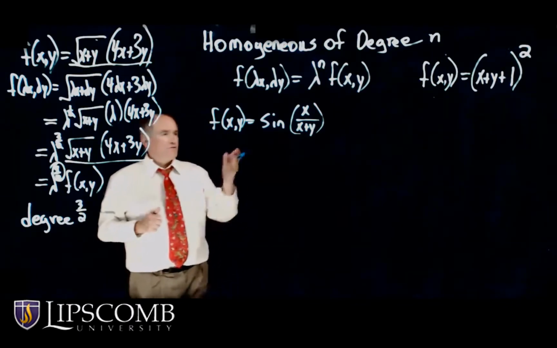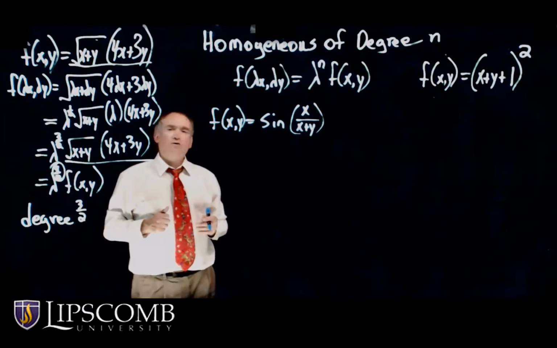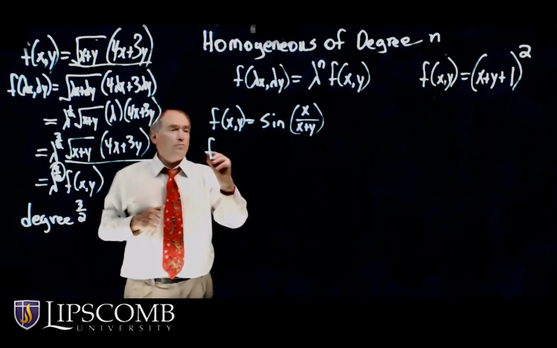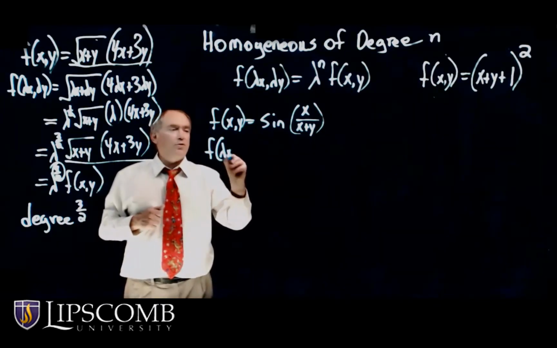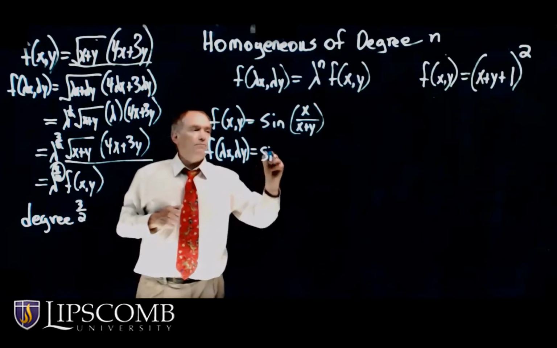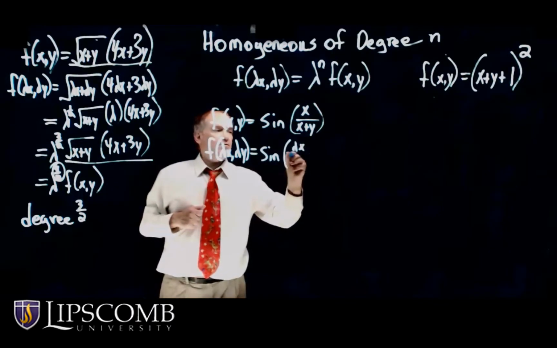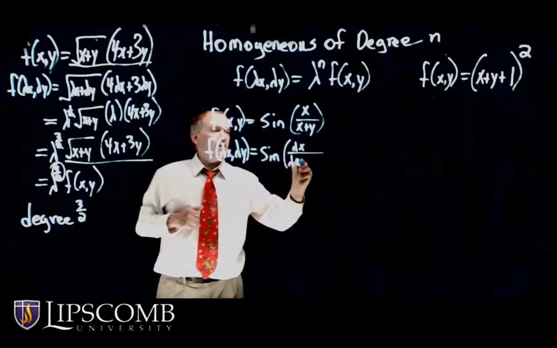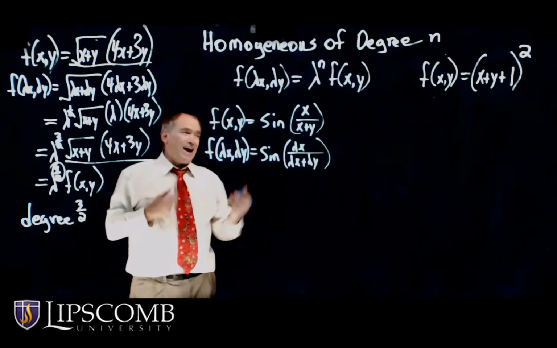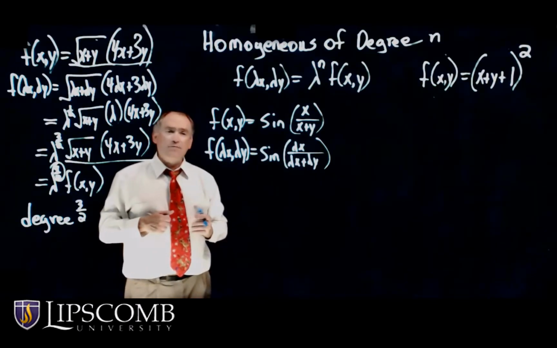Now, here's my next example, f(x, y) equal to sine of x over x plus y. Step 1: wherever there's an x, put lambda x; wherever there's a y, put lambda y. So within the sine function, I get lambda x over lambda x plus lambda y. Again, I want to see, can I get sine of x over x plus y back?